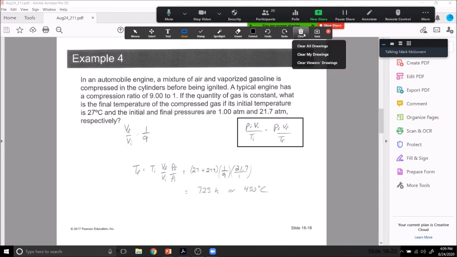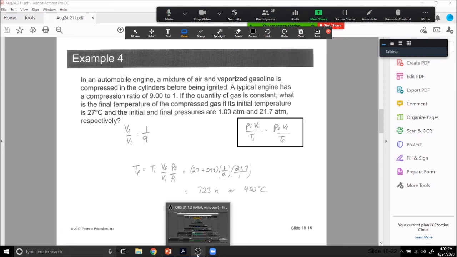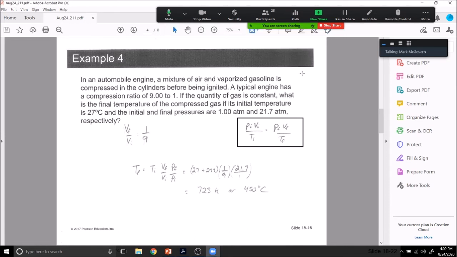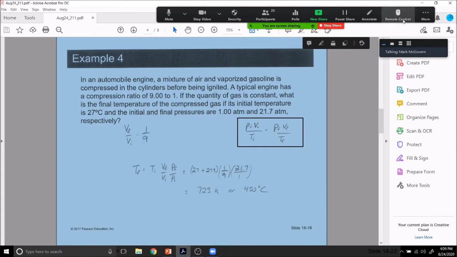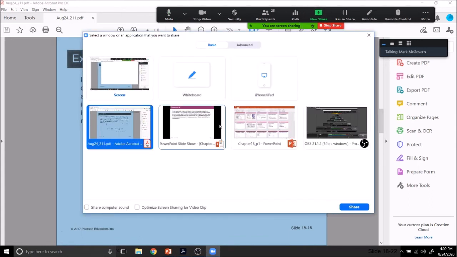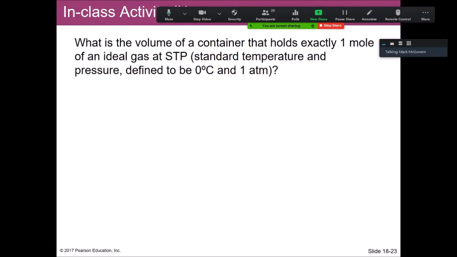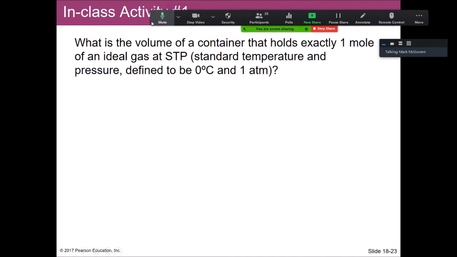Okay, so here's what we are going to do. We're going to take a 10-minute break. Right now, what I would like you to do, though, it's not a hard problem, is work out this thing here. If you've had chemistry, this is maybe something you've done, and you may actually know the answer off the top of your head.